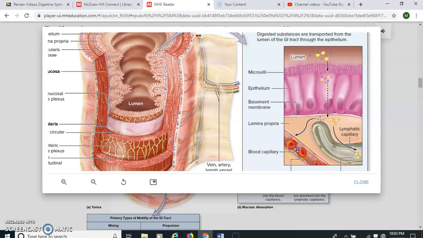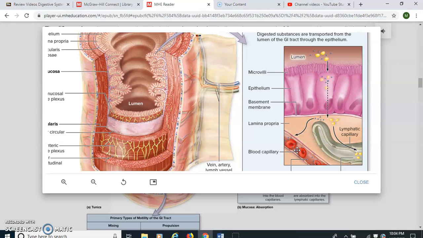And realize this blood is in capillaries, so these will turn into a venule and then into a vein. And it's the mesenteric veins, because those are the veins that drain blood from the intestines. So the glucose or any of the other monosaccharides are going to travel through the mesenteric veins and into the hepatic portal vein.